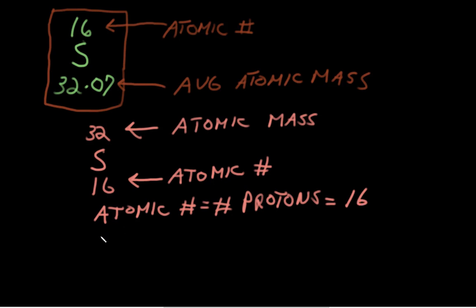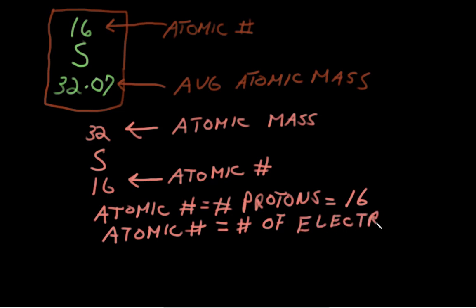Now in a neutral atom, the atomic number also equals the number of electrons. We'll come back and look at charges later, but suffice it to say for right now, the atomic number equals the number of electrons.